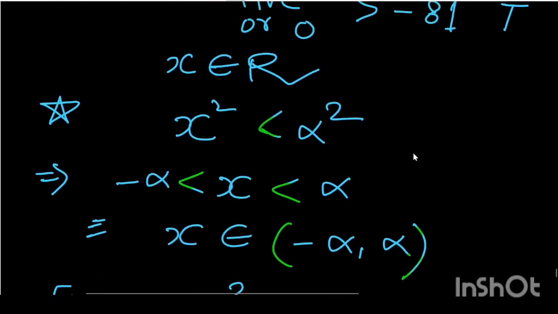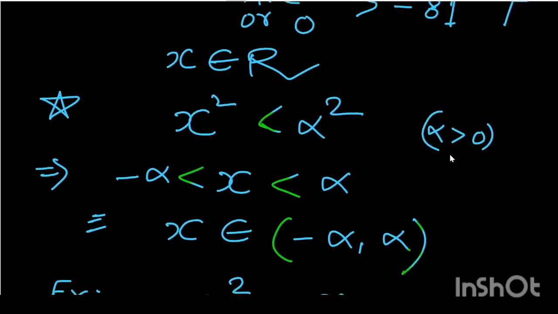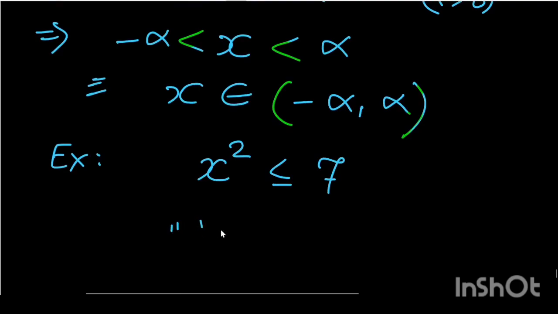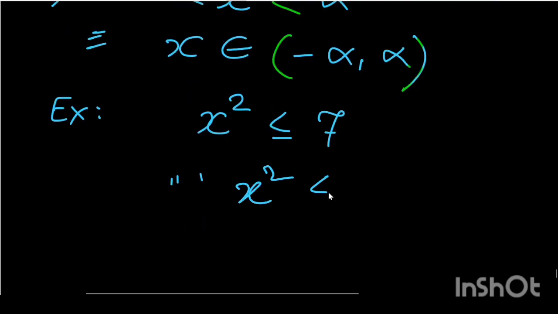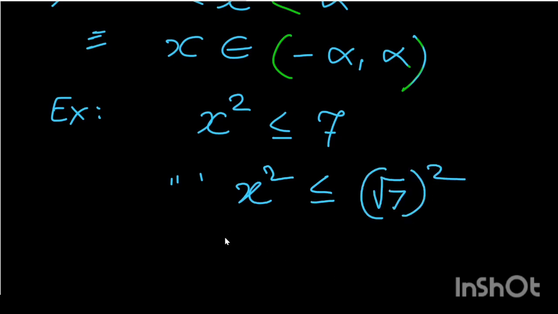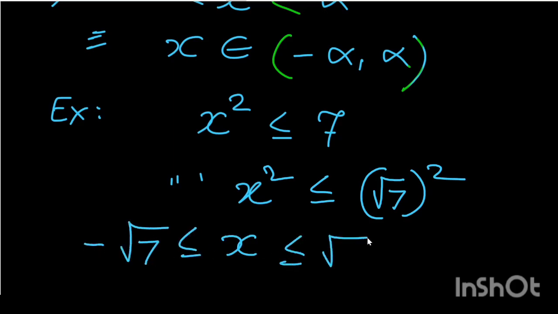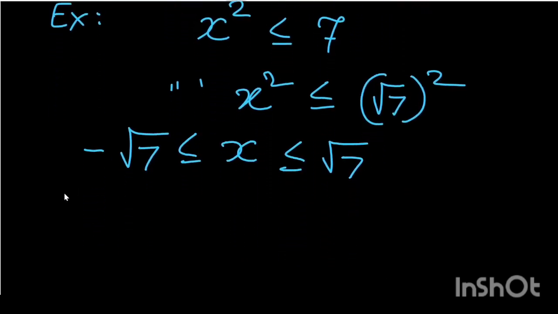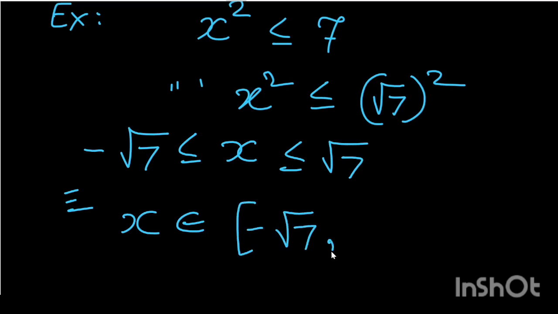You can say that this alpha is positive here, so alpha square is also positive. So x square less than or equal to 7 can be written as root 7 whole square. Now in the next step, using the formula that we derived, we can write it as x from minus root 7 to plus root 7, or equivalently x belongs to minus root 7 to plus root 7, guys.